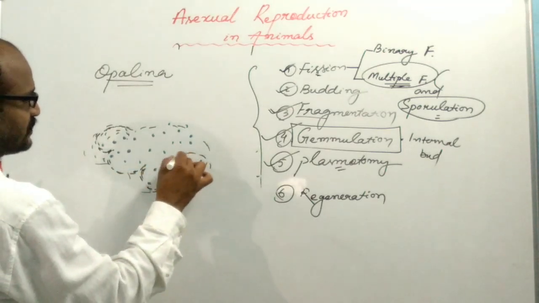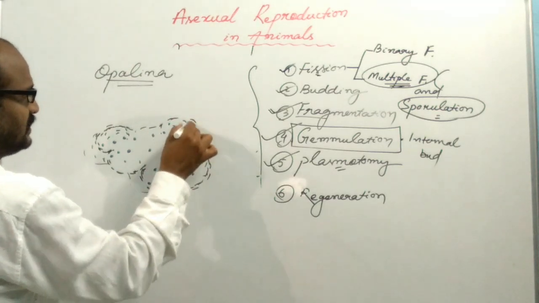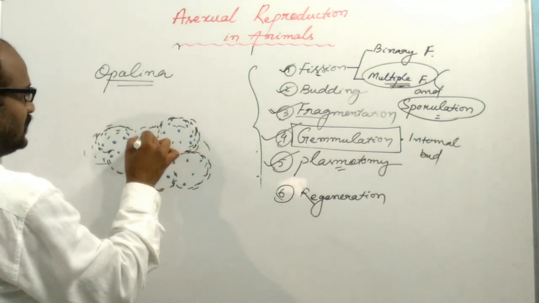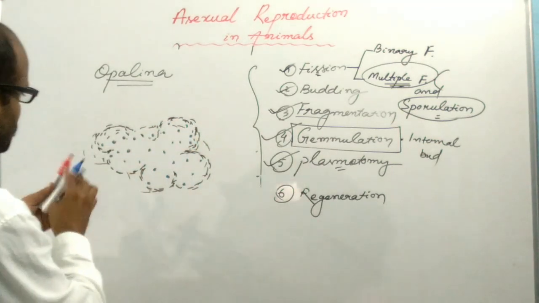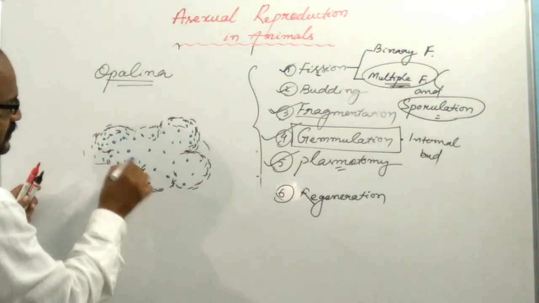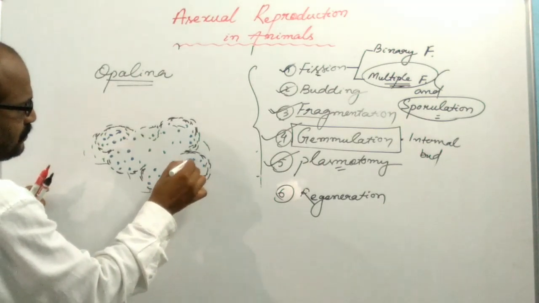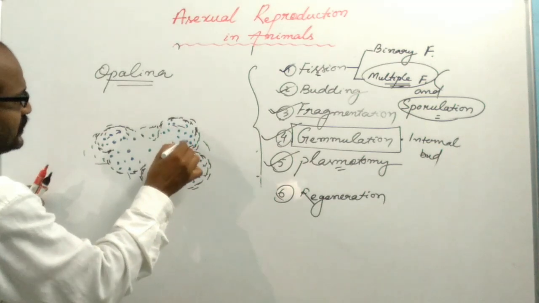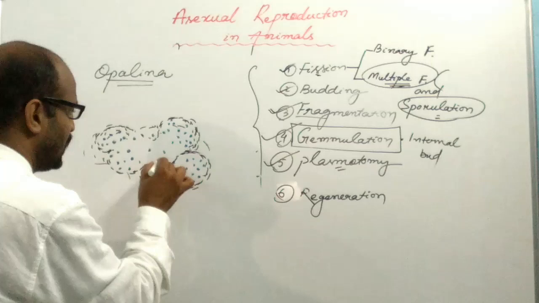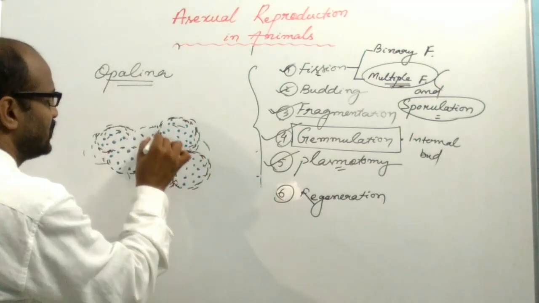After the division of cytoplasm, the nuclei which were already present prior to the division of cytoplasm are distributed into the pieces of cytoplasm, this is another bit of cytoplasm, this is another bit of cytoplasm.